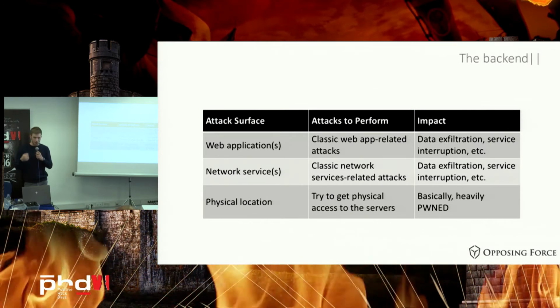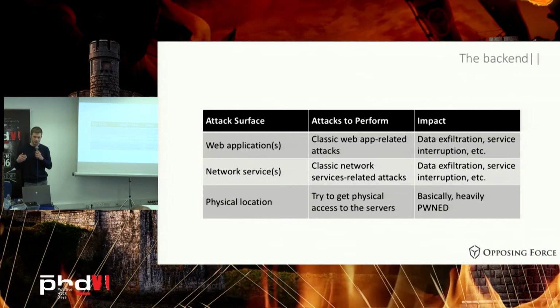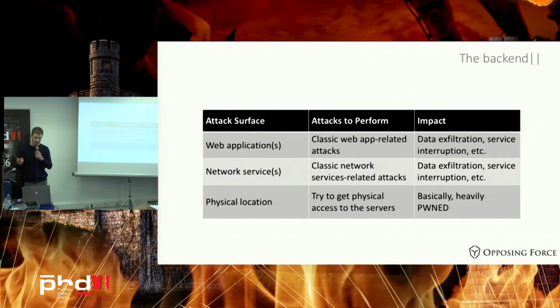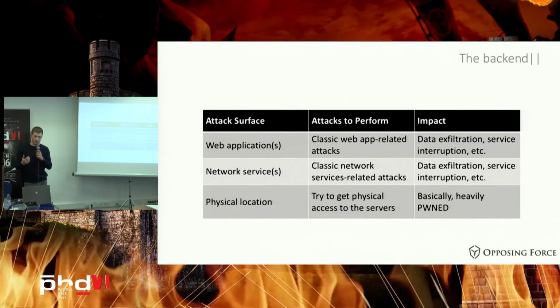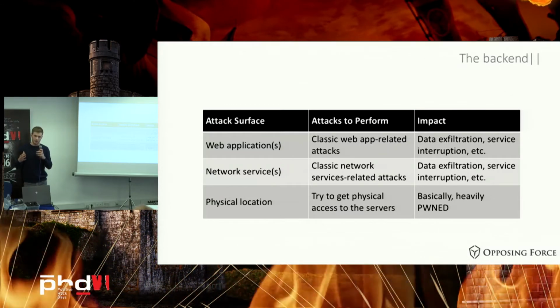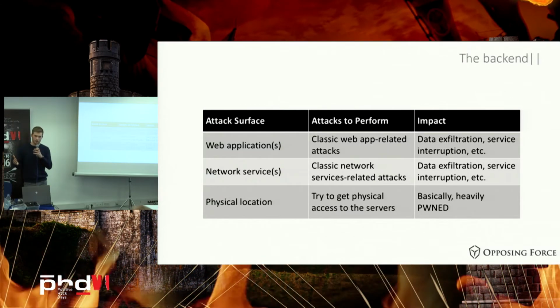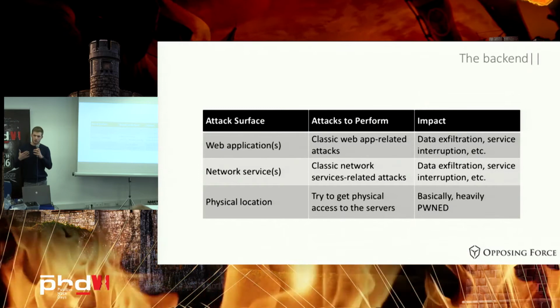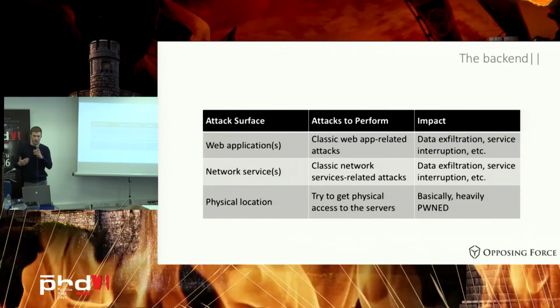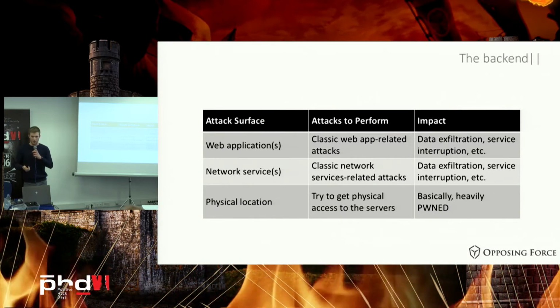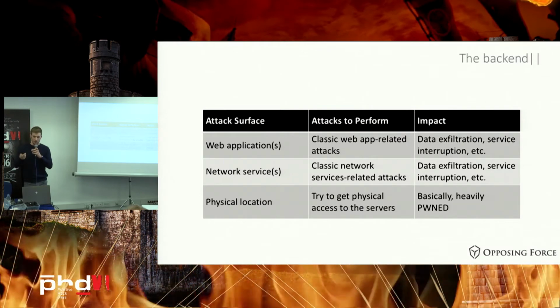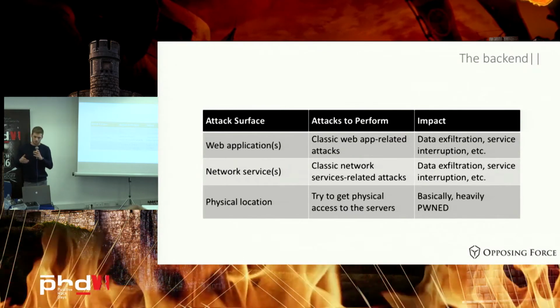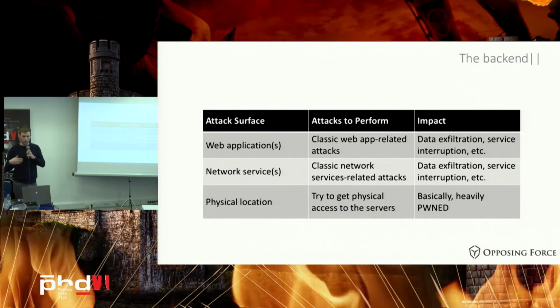We can test the network services exposed by the backend, and we also have a problem sometimes because the server maybe is inside the building but not very well protected. So if we can access the server, we have physical access, and we can basically do whatever we want, attach a USB key, a keyboard, and add data, or add a backdoor.